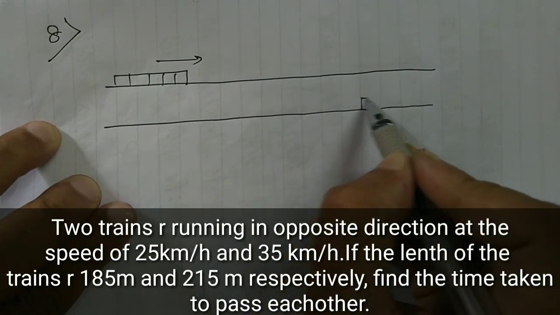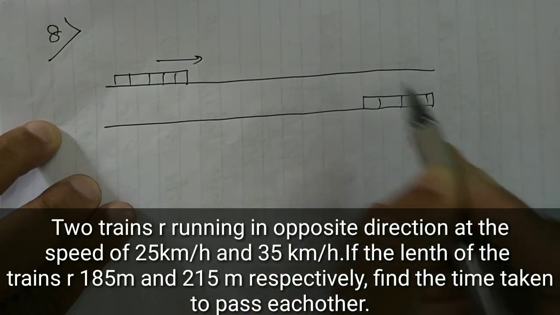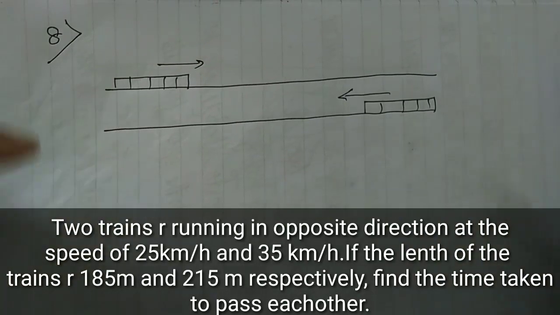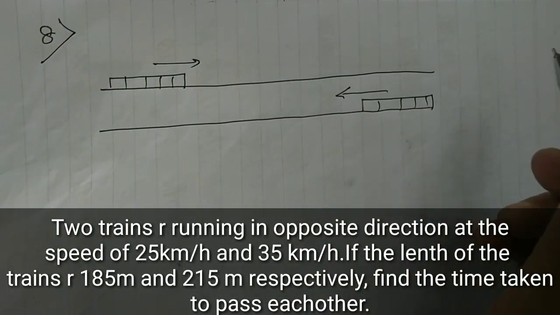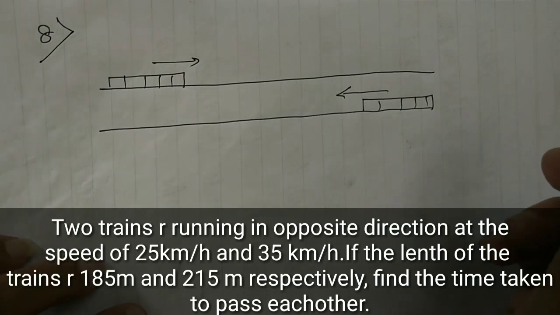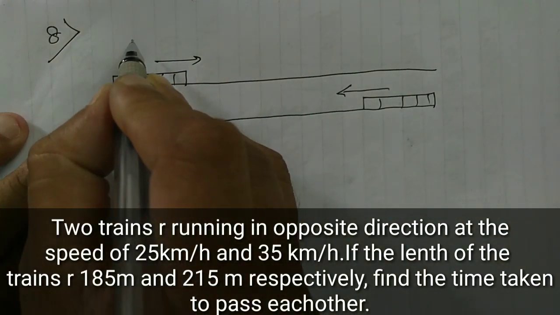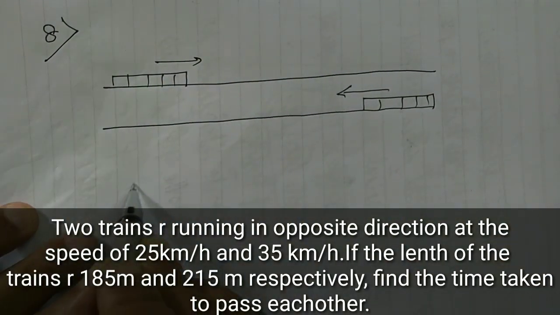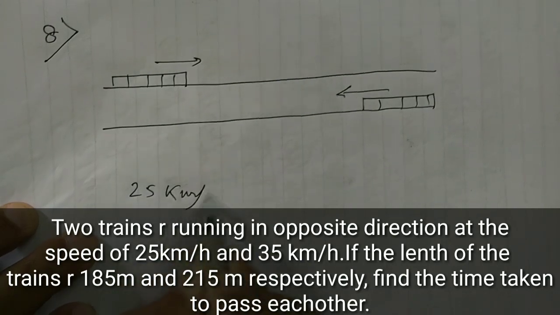Another train is moving in this direction, moving towards each other. The first train speed is 25 km per hour.